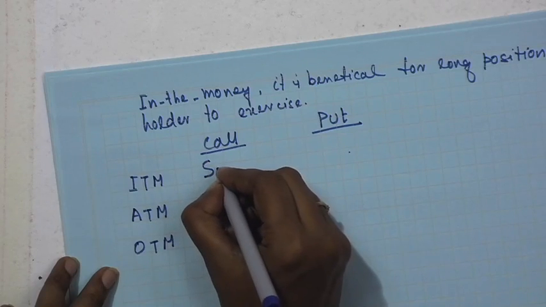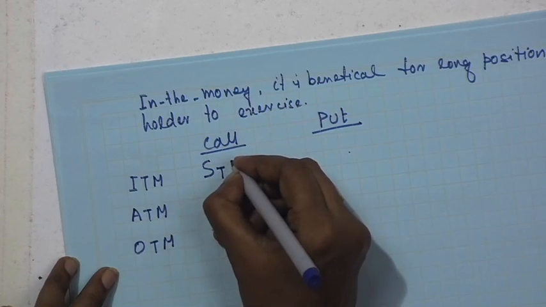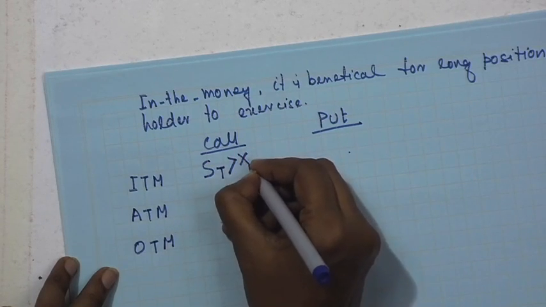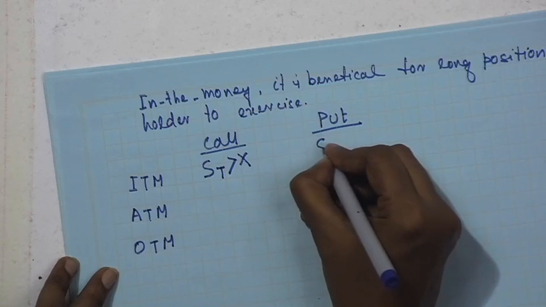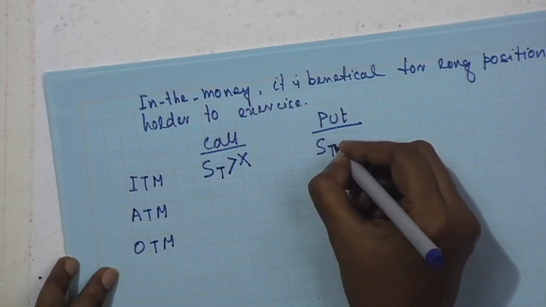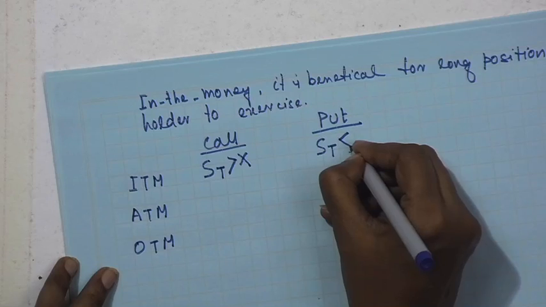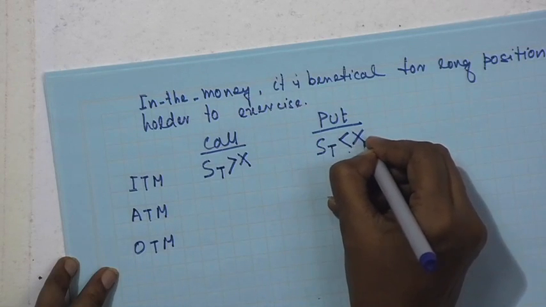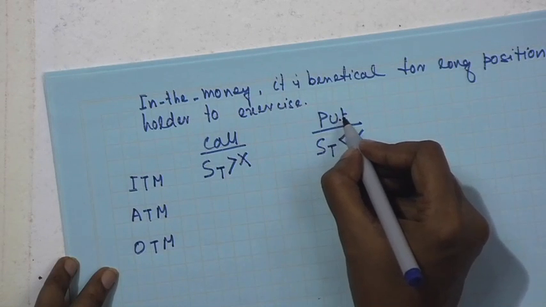When the spot price prevailing on the expiry is greater than the exercise price. As the spot price prevailing on the expiry is less than the exercise price, then the put option will exercise.